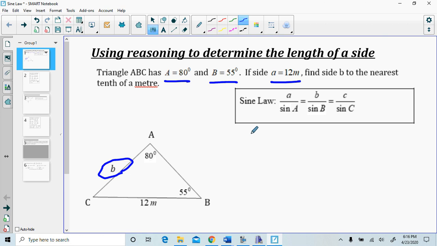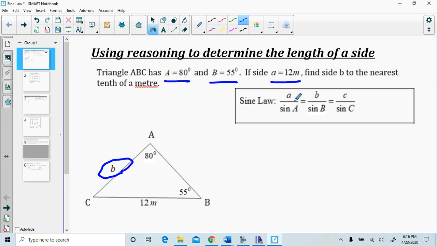Okay, so let's go to the sine law. So the sine law is three ratios equal to each other. And we only need to choose two of them to make this work. So we're going to look for one item, in this case, side length B. So we need to know three things to find the fourth. So looking at the letters that are given here, we have letters that coincide with the letters in the equations.